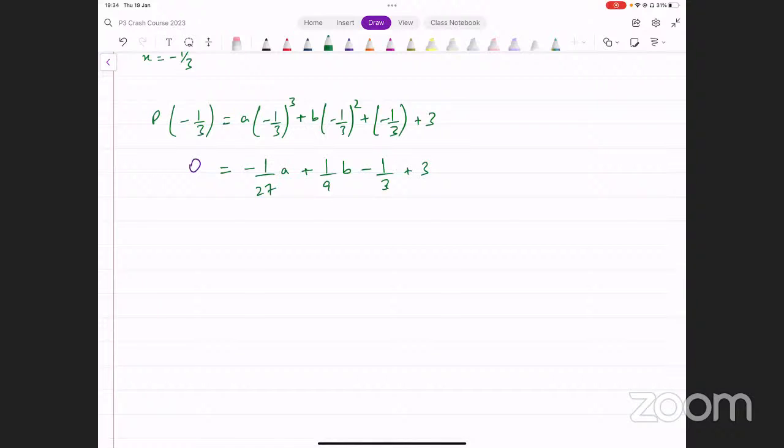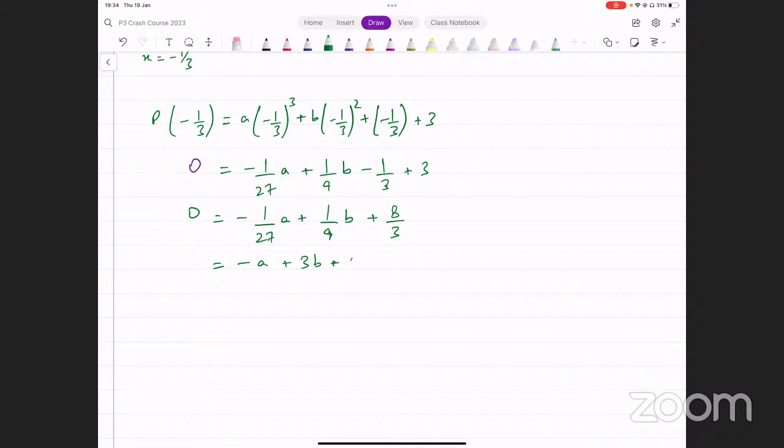Now we simplify this. Let's actually add these two first. They're going to give us minus 1 over 27a plus 1 over 9b. 3 minus 1 over 3, that is 8 over 3. And now you can multiply the whole equation by 27 to get rid of the fractions. That gives us minus a plus 3b plus 8 times 9.